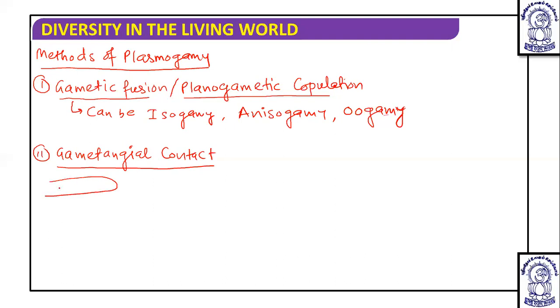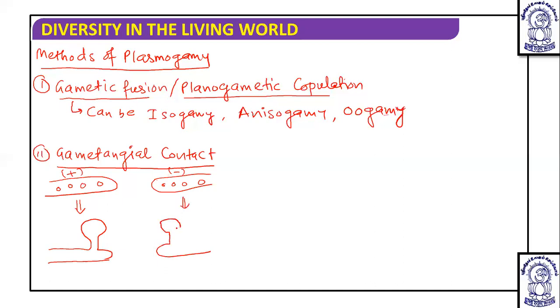Suppose this is the particular multinucleated hyphae of plus strain or male, and this is a multinucleated hyphae of minus strain. Now what happens? Both produce gametangia like this.